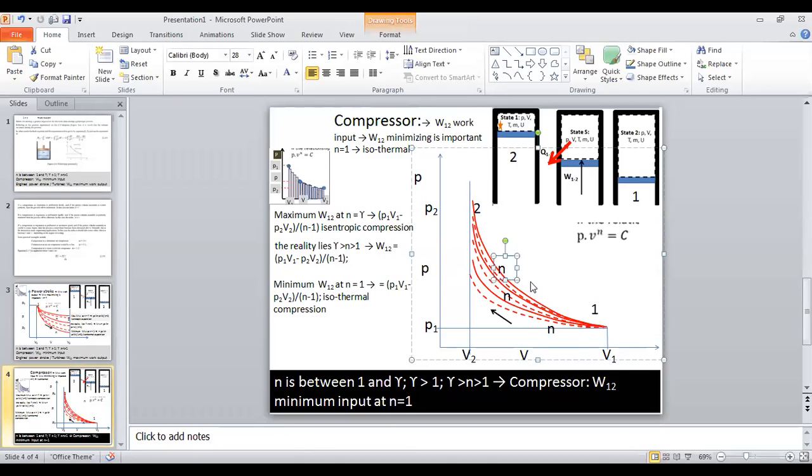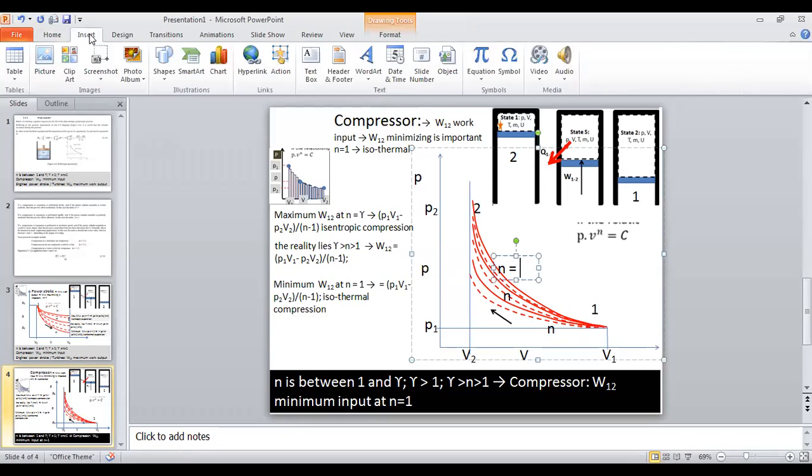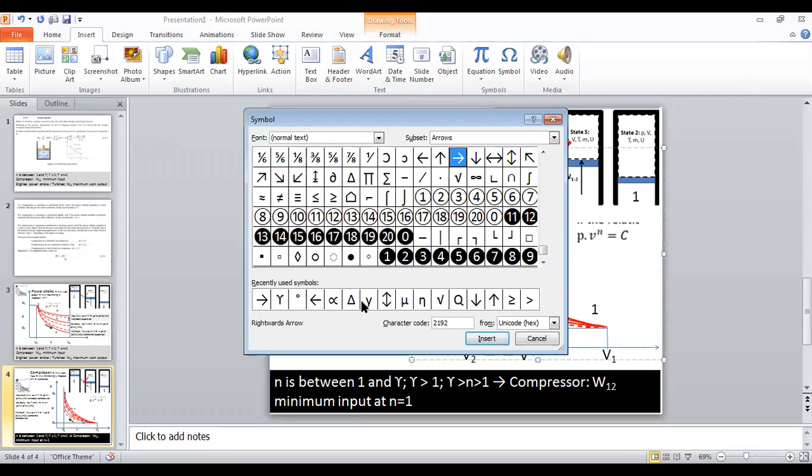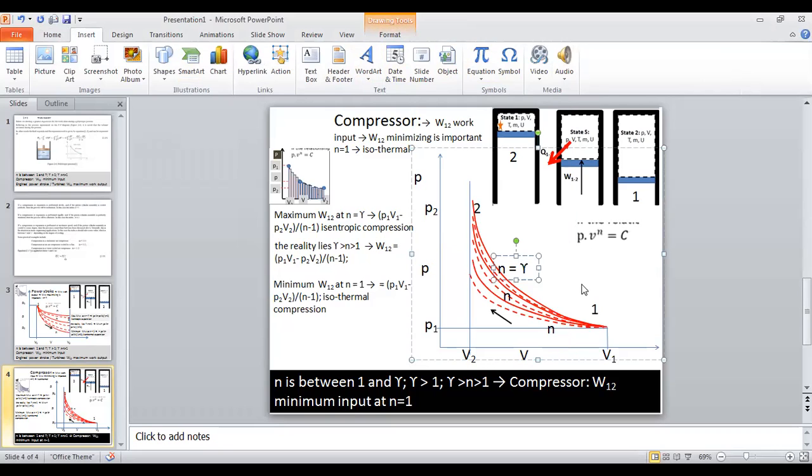For different n values, if n is gamma, you need the highest work input. In the same way, when n is 1, those are the upper and lower limits.